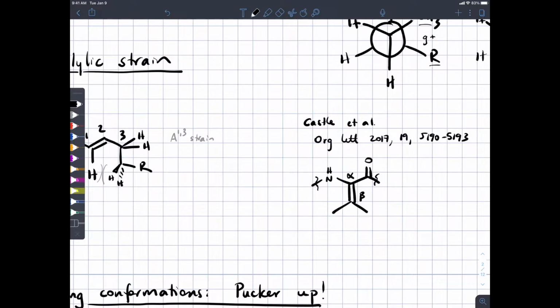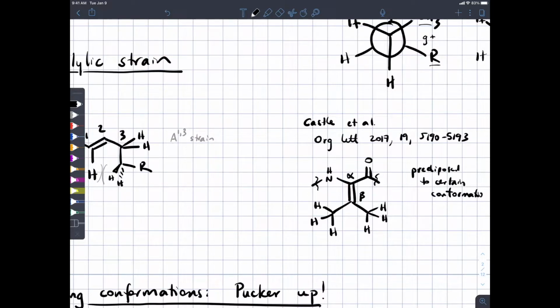And in particular, Professor Castle's group is interested in bulky dehydroamino acids. And they're interested in them because they believe they can restrict the conformational freedom of nearby residues. These dehydroamino acids are predisposed to certain conformations.